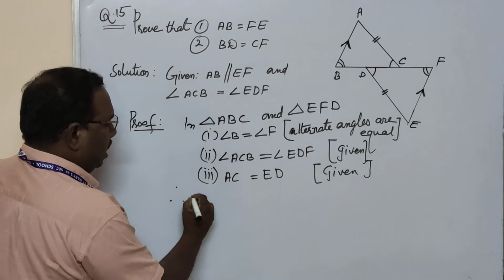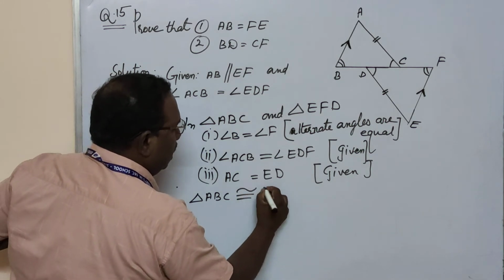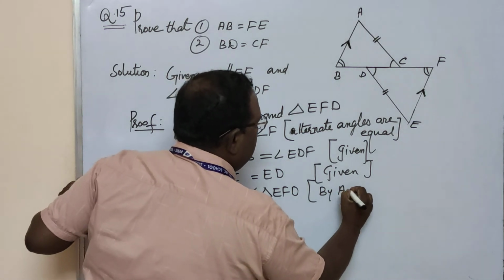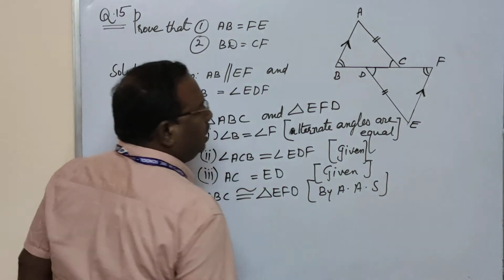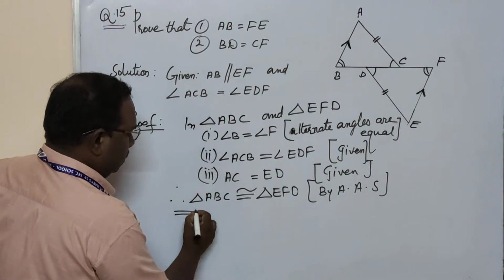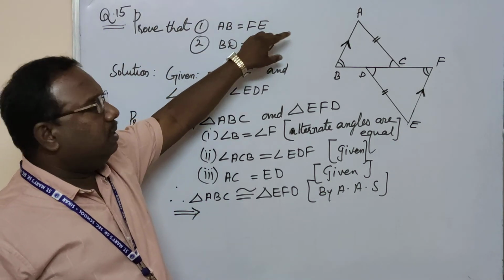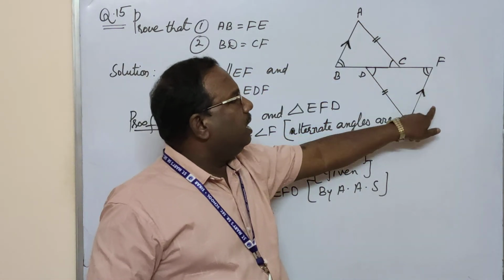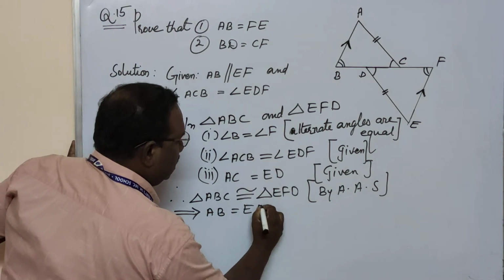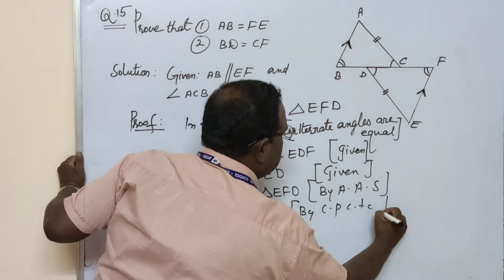Therefore, let's write triangle ABC is congruent to triangle EFD by AAS criterion of congruency, which implies AB is equal to EF by CPCTC.